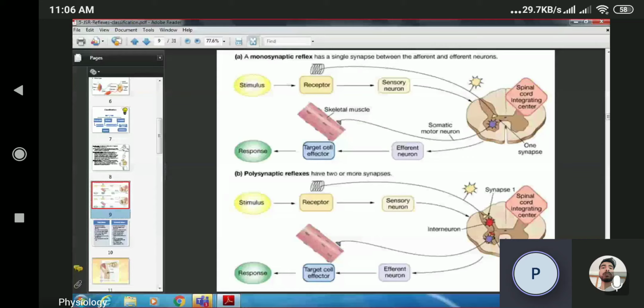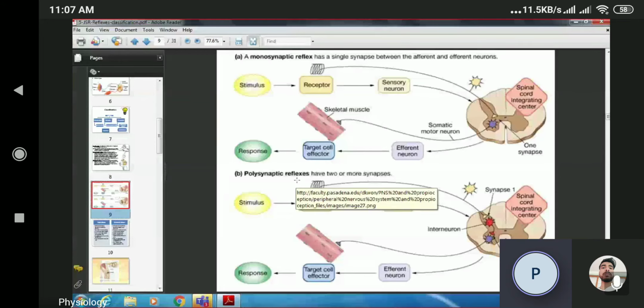And then the information is carried by motor neurons. There is one synapse between this neuron and the interneuron, and another synapse between the interneuron and the motor neuron. So there are many synapses, more than one, that's why it is known as polysynaptic reflex. Example is the plantar reflex or Babinski sign.